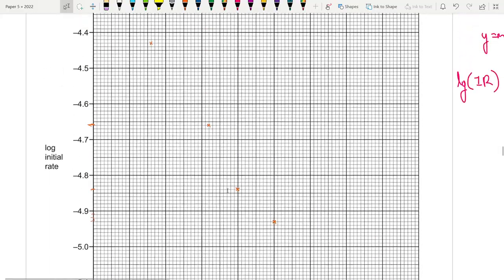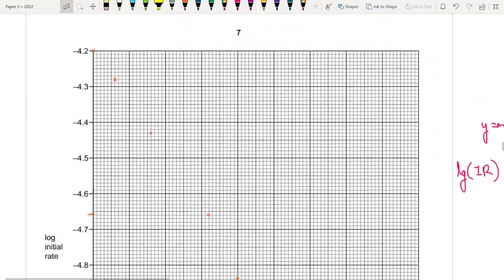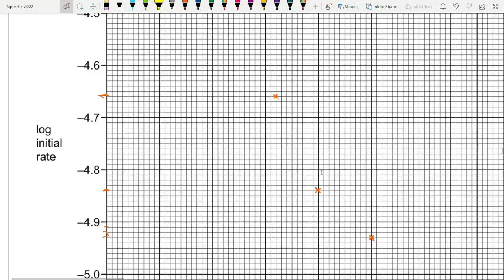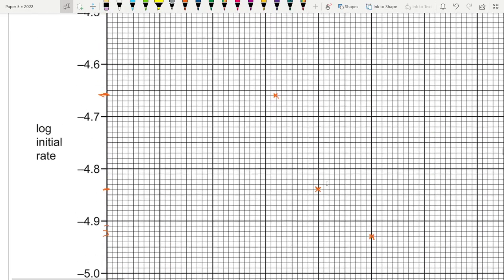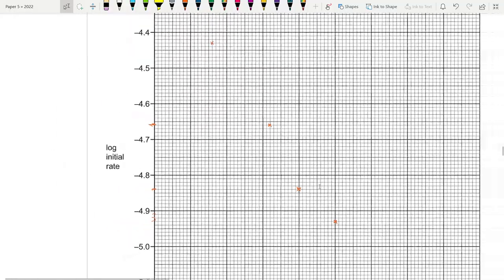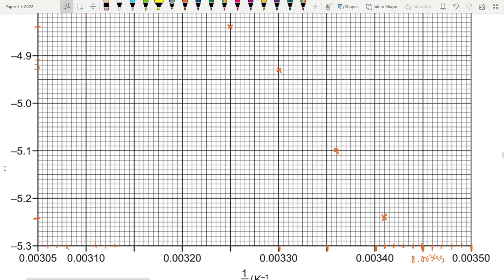And please look at the other points. Clearly this is fine, but minus 4.84 and 0.00325, this one, 4 boxes below 4.8, and 0.00325. Clearly it looks like an anomaly compared to the other points, right? And these are the other points. Please check them out. If you do have any problems, you can match it with my graph.